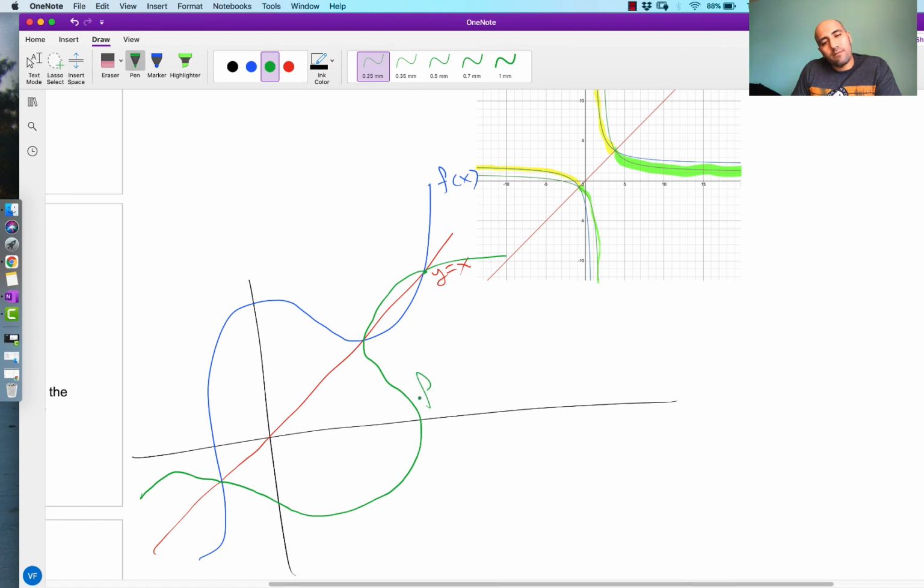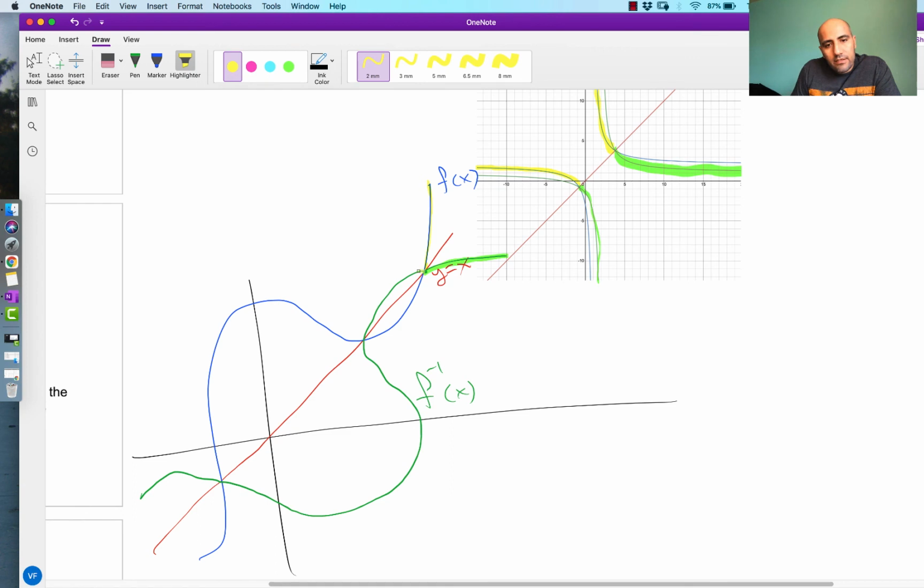So the green one would be the inverse function of x. Right? So that's what I mean by a mirror image across the line y equals x. Let's go back to this thing. So this portion in blue, coming from there to there, its mirror image across was this portion in green. So this portion and this portion are a mirror image of each other.